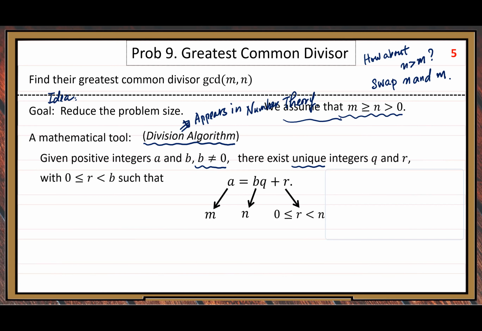The reason we want the first integer greater than the second one is for problem size reduction.